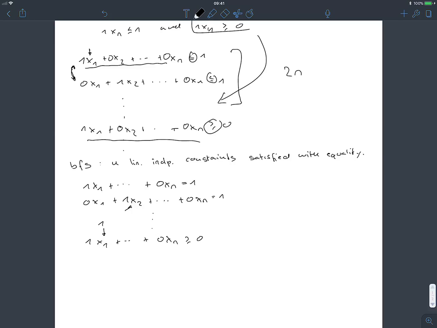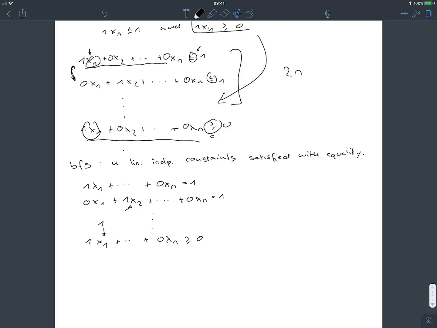Because if we would input 0.2, for example, in x1, it would obviously be true for non-equality, since it's smaller than 1. But if we don't fulfill this one with an equal sign, we must fulfill the one below with an equal sign. But we have here 0.2, and that's obviously not equal to 0.